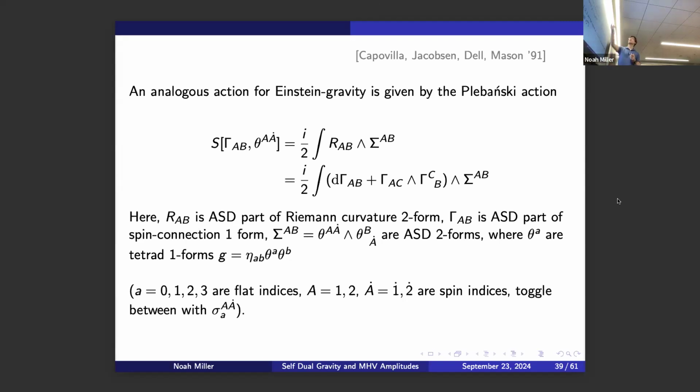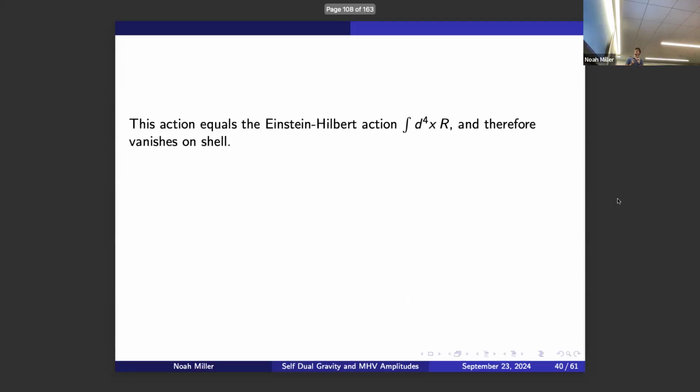And here R_AB is the anti-self-dual part of the Riemann curvature 2-form. Gamma_AB is the anti-self-dual part of the spin connection. These sigmas are bases of anti-self-dual 2-forms. And here the thetas are tetrads for the spacetime. I'm just writing it down.